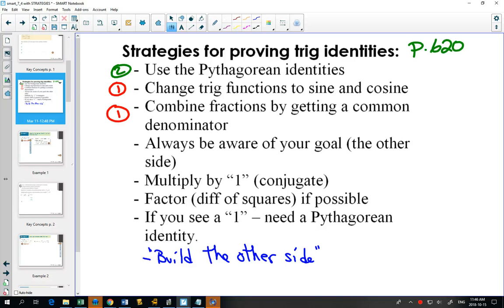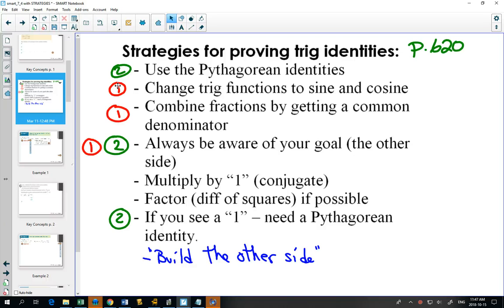If you see a 1 in a question, that might mean you need to use a Pythagorean identity, because sine squared plus cos squared equals 1. And always be aware of your goal, what the other side is, whether using Pythagorean identities or changing things to sine and cosine.